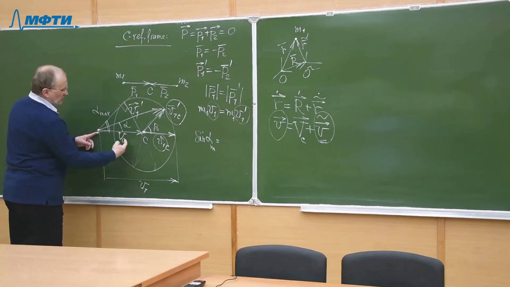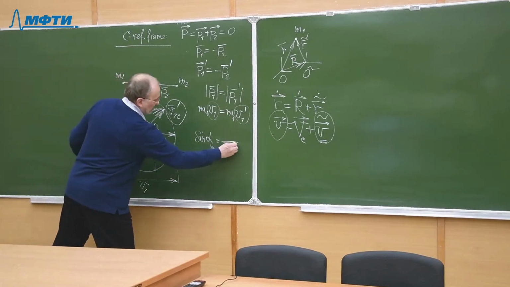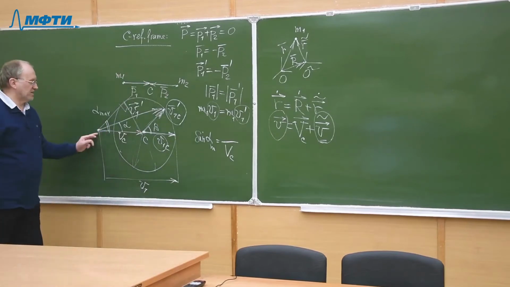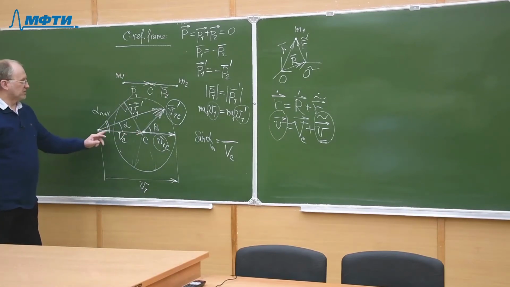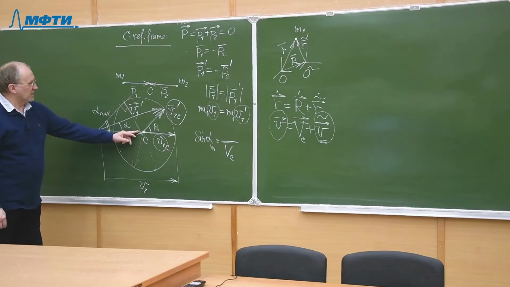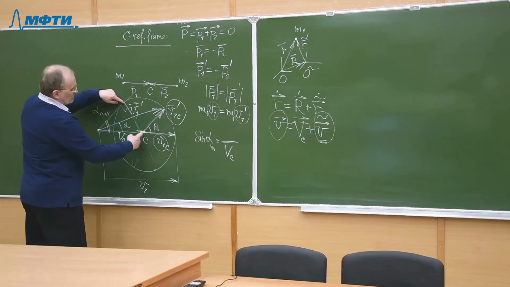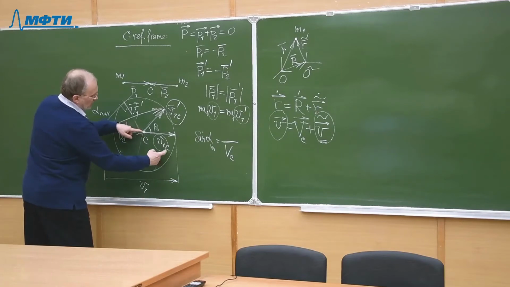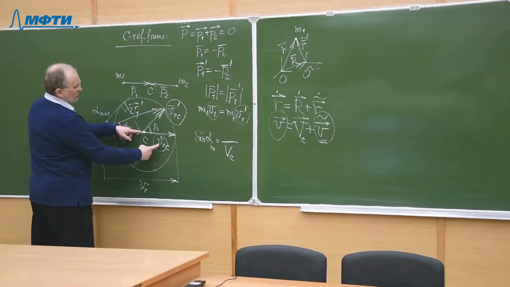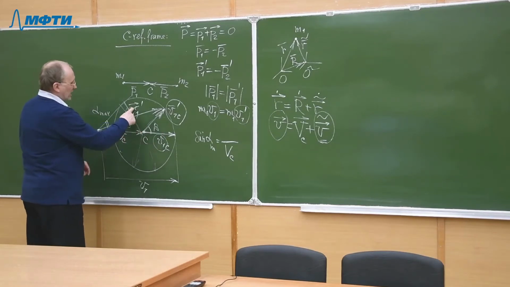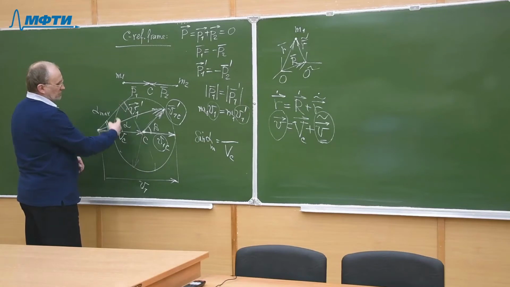The hypotenuse is clear. This is the magnitude of the velocity of the center of mass. This is the hypotenuse. And the opposite leg is what? It's the radius of this circle. And the radius is the initial velocity of the first particle in the C reference frame, in magnitude the same as the final velocity after the collision of the first particle.